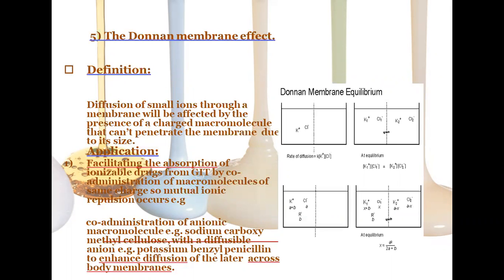Its application is facilitating the absorption of ionizable drugs from the gastrointestinal tract by co-administration of macromolecules of the same charge, so mutual ionic repulsion occurs. Co-administration of anionic macromolecules like sodium carboxymethyl cellulose with a diffusible anion like potassium benzyl penicillin enhances the diffusion of the latter across body membranes.